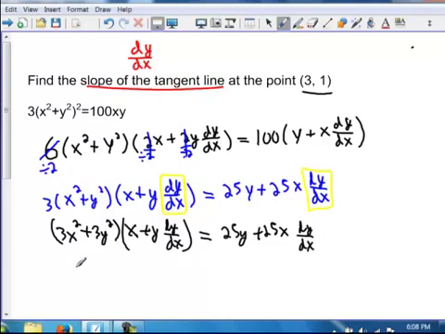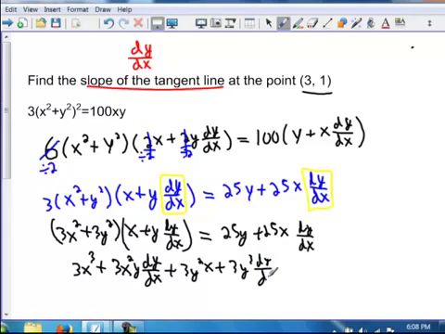So we're going to do our FOIL here. We're going to have 3x cubed plus 3x squared y dy/dx plus 3y squared x plus 3y cubed dy/dx, that's a y cubed dy/dx still, equals 25y plus 25 dy/dx.